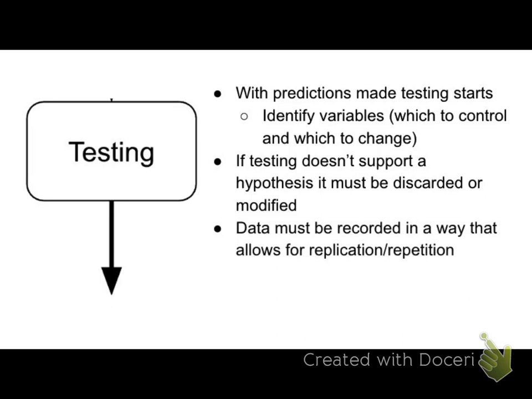The data that you record must be recorded in a way that allows for replication and repetition, okay? So just like you required a recipe with specific detailed instructions and measurements, other scientists are going to want to replicate your experiment, and they are going to need even more precision than a recipe, okay?